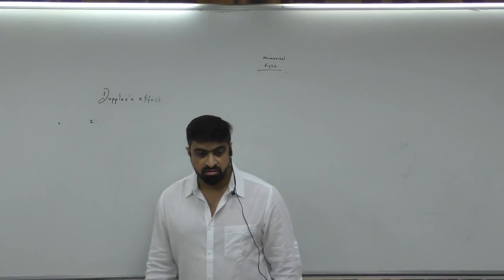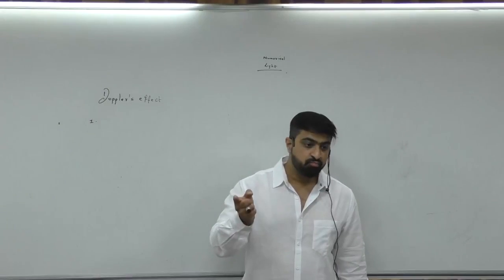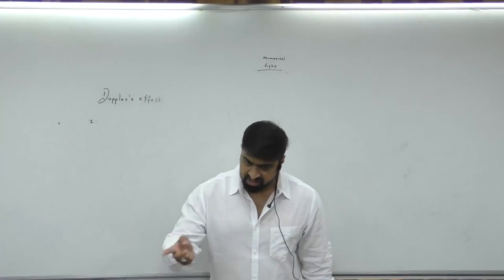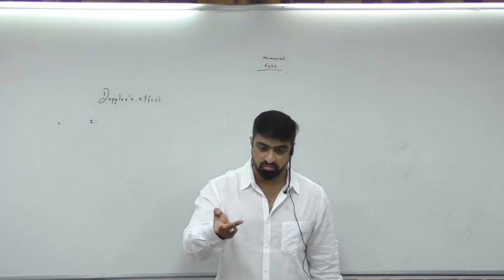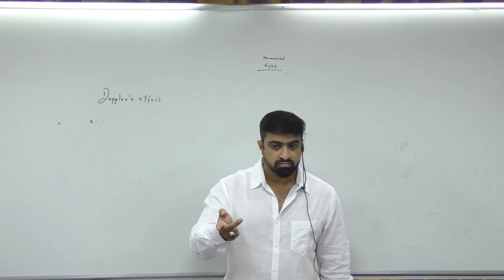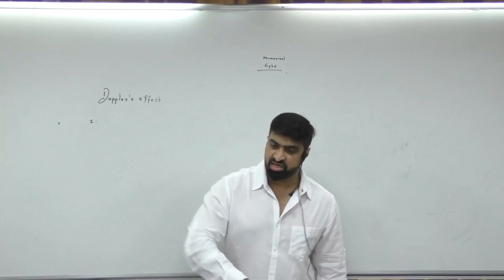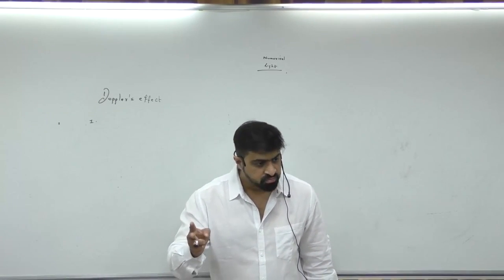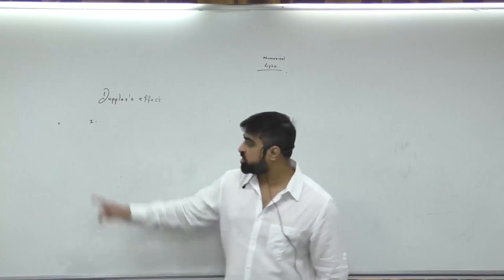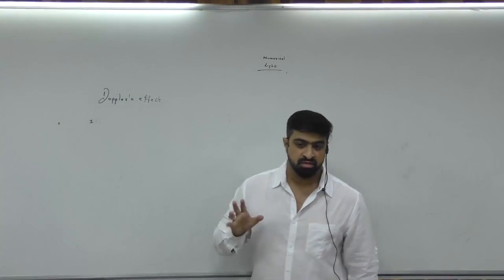Symmetric मालूम है ना? उधर asymmetric था sound में. पुलिस वाला sum and factory वाला sum were different, different answers also. But यहाँ पर चाहे observer rest पर रहे या source rest पर रहे, either of them, answer will be the same. Therefore, we call it Doppler's effect of light is symmetric.